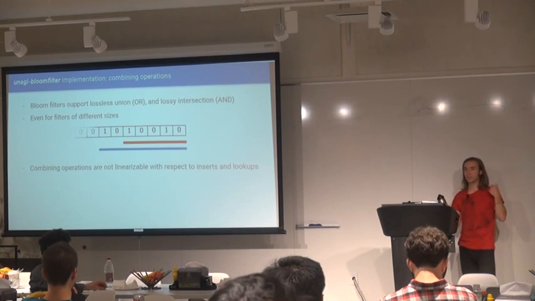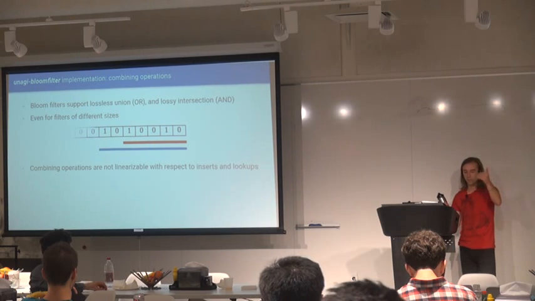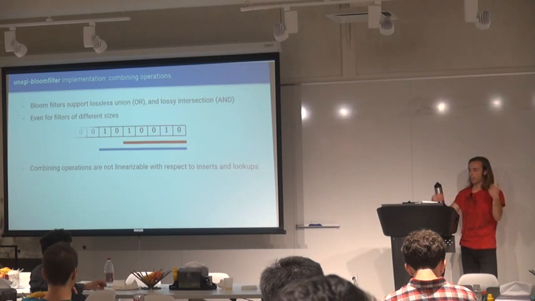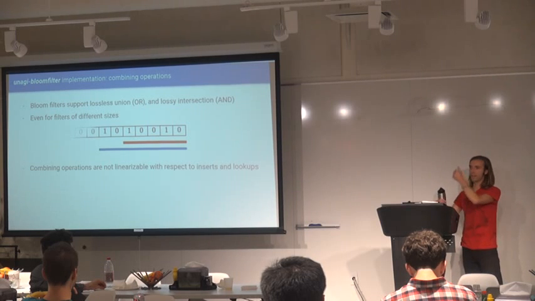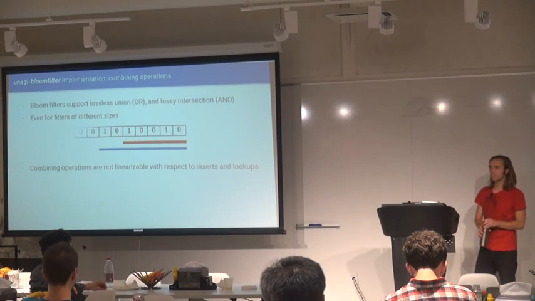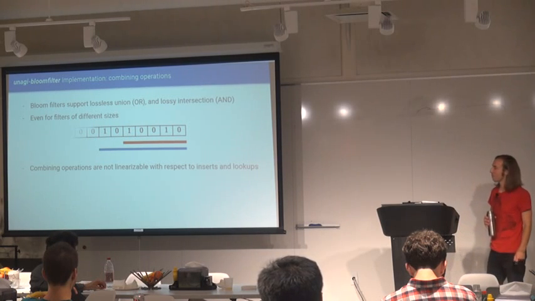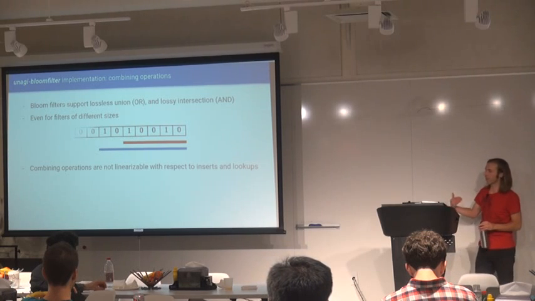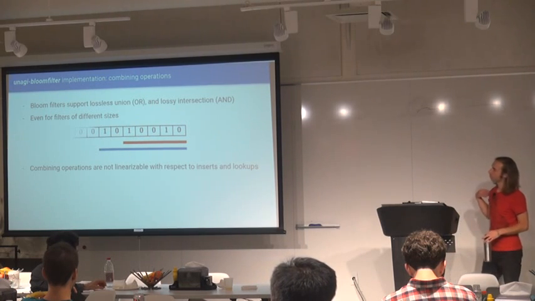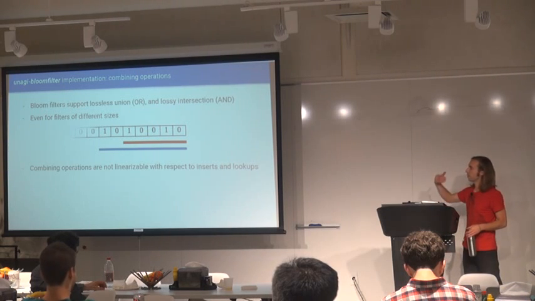So if you had inserted A and then B and then C during that union, you could go over to the Bloom filter after the union and see A but not B and then C. Sure, non-deterministic. One way of formally stating what I just said, and I think it's in the library docs, is that the union is not linearizable with respect to inserts.